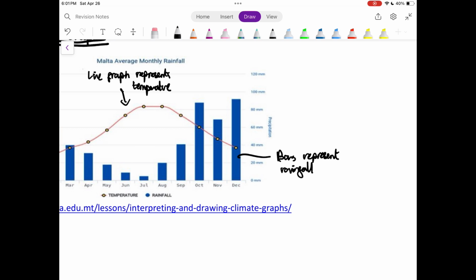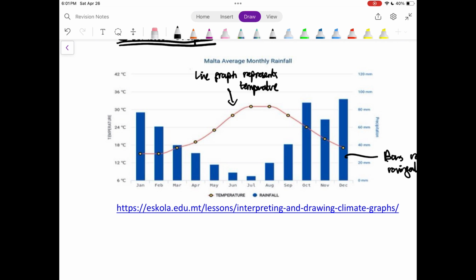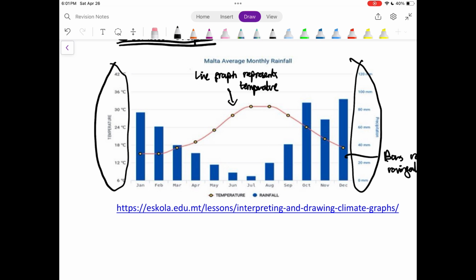You also need to be aware of the axis that you're reading from. So this one measures temperature, and this one here measures precipitation. You need to be really careful because these can easily be misused, and you can easily make mistakes by reading off the wrong axis.